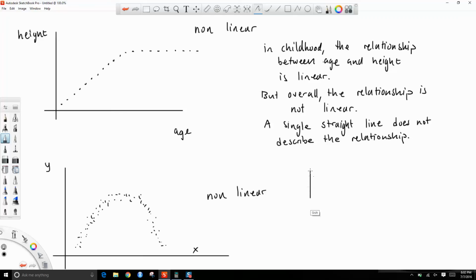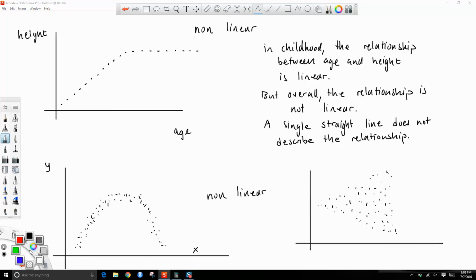Or these are all examples that are nonlinear, and you could have something like this, right? Each of these has this business going on, and over here you got this kind of funnelish looking thing. Okay, all of these are nonlinear relationships.